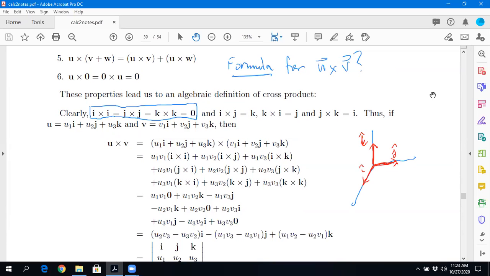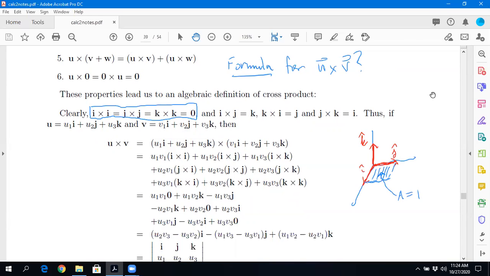So I, J, and K. Now, let me ask you a question. Let's think about the parallelogram determined by I and J. Isn't that just a square? You know what I'm saying? What is the area of this thing? Okay, so the area is 1.